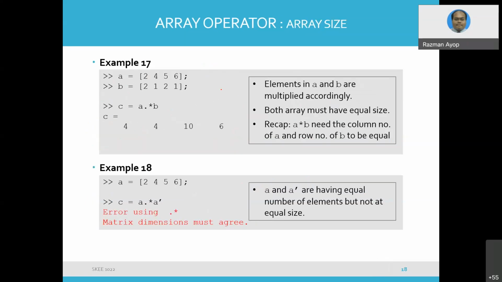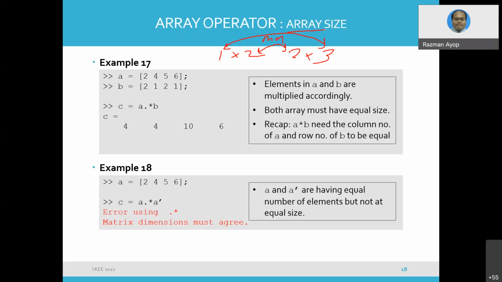Next is the non-scalar operation itself. When it comes to matrix operation, if you have 1 by 2 matrix, you need to multiply it with a 2 by something, for example, 3. So the middle size needs to be the same, and the output will become 1 by 3. This is for matrix.